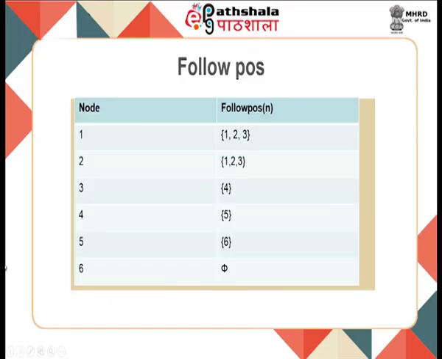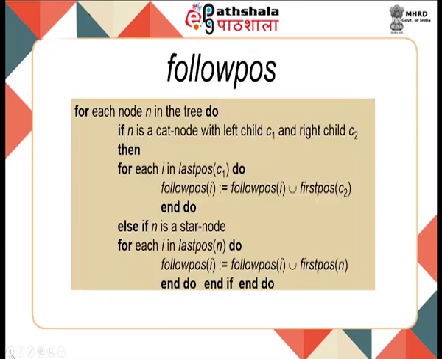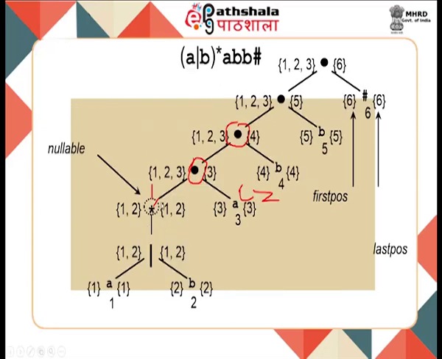And what about the other two? If you look at the star node, if n is a star node, for each I in last position of n, follow position of I is equal to follow position of I union first position of n. First position of n is your star node basically. So this is my star node.